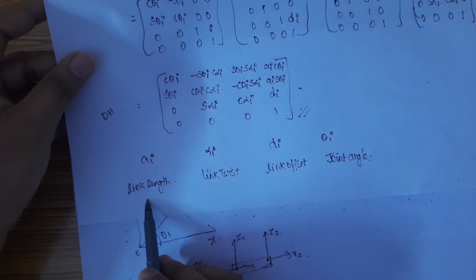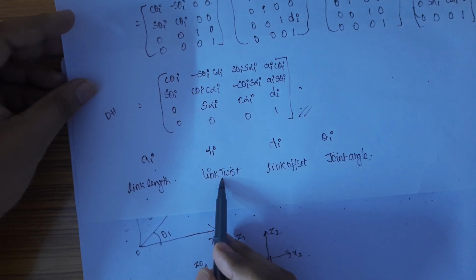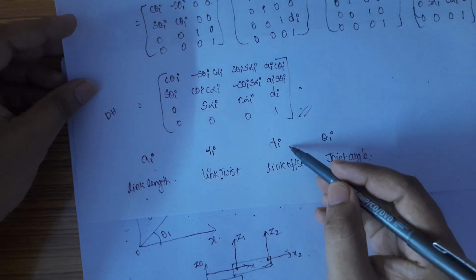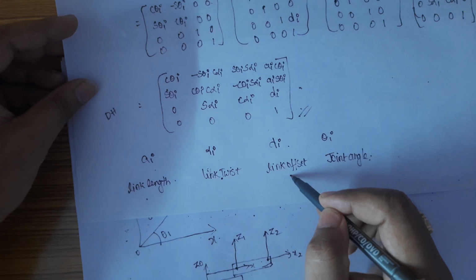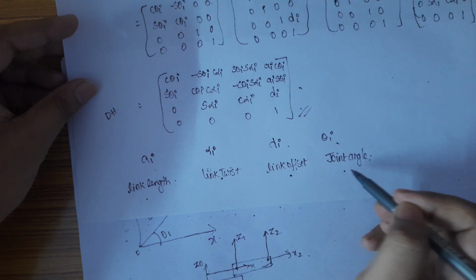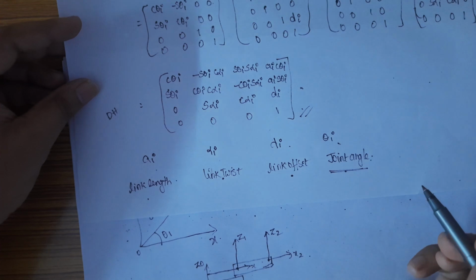Ai is the link length, alpha is the link twist, di is the link offset, and theta i is your joint angle.